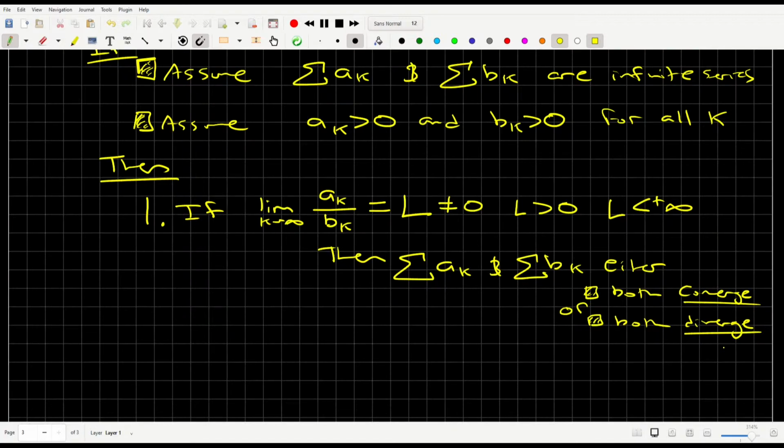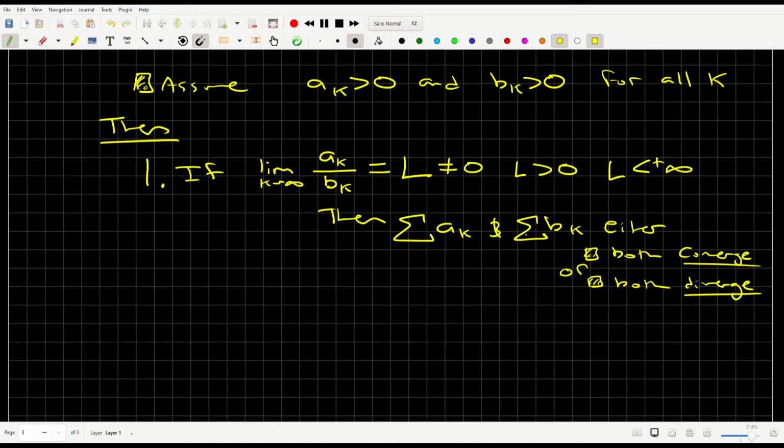So if the limit of the ratio of terms coming from these two series is equal to some limit L, and that limit is non-zero and a finite real number, then the two series have to have the same behavior.